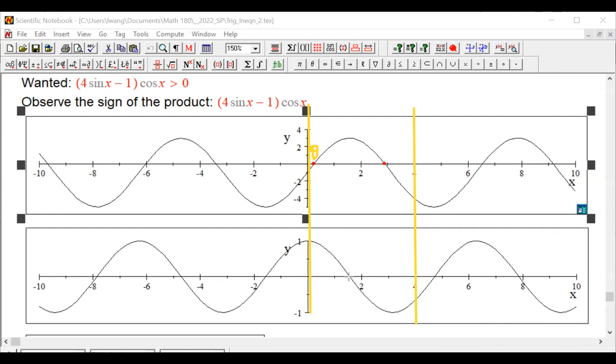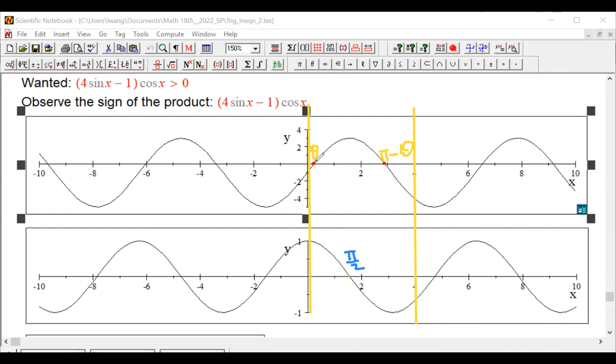But here, this is pi over 2. Okay, this is pi over 2. So let me mark it. This is pi minus theta, right? And this piece is pi over 2, right?